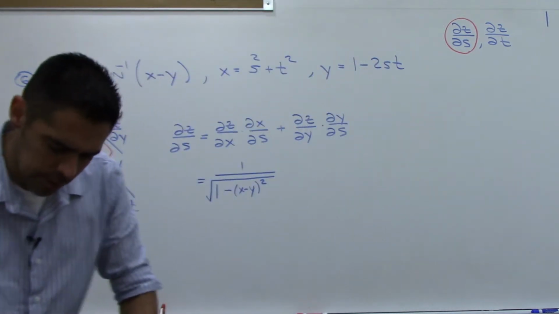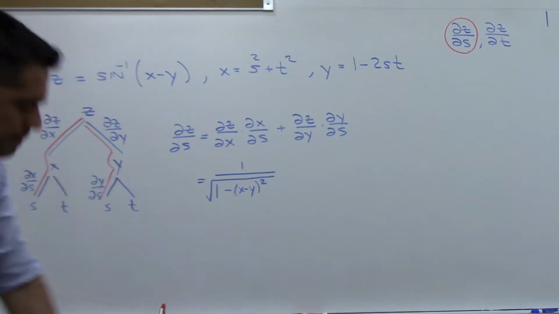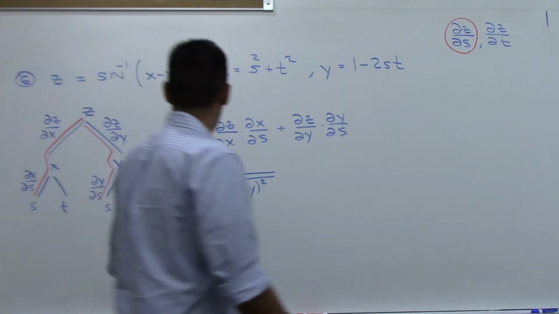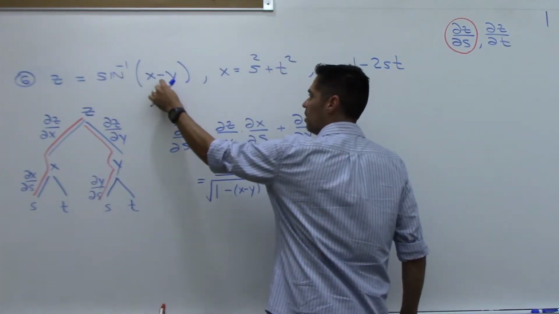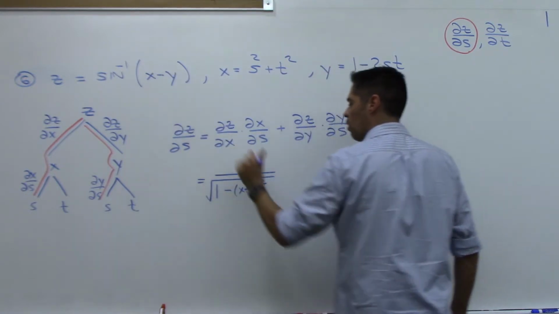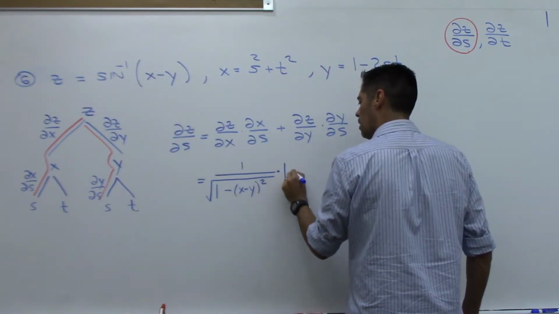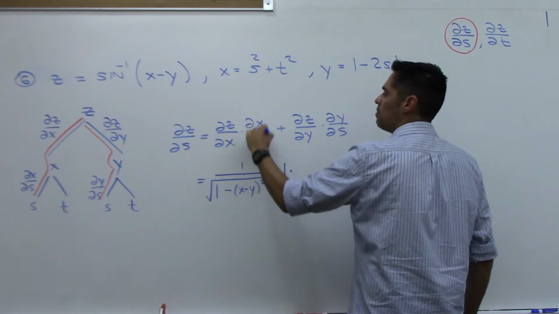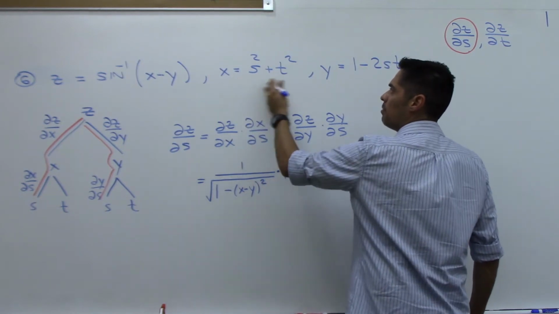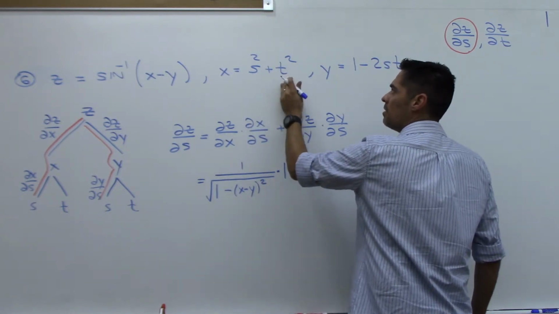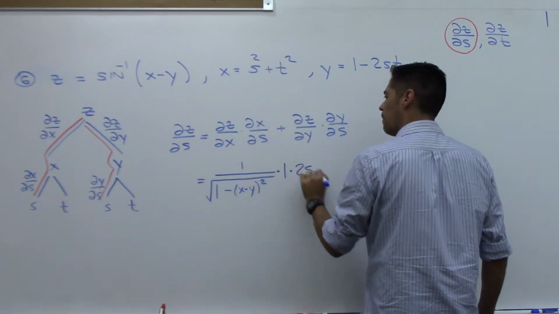Which number is this? 6, yeah. Okay, then times the derivative of what's inside with respect to x, which is just 1, times now partial of x with respect to s. The derivative of this with respect to s, t is a constant, so just 2s.